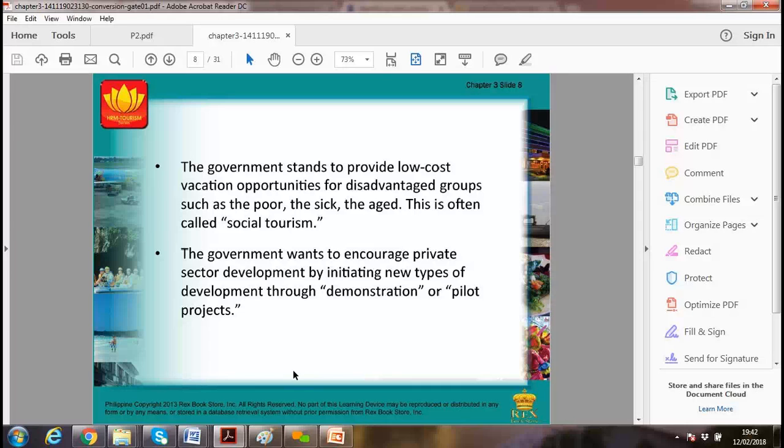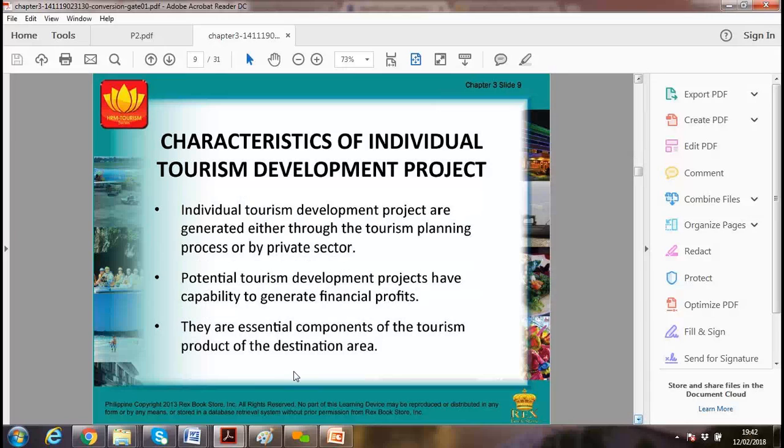pilot projects, different sorts of projects. Characteristics of individual tourism development projects: there are a number of projects we can discuss from a business management perspective. So individual tourism projects are generated either through the tourism planning process or by the private sector.